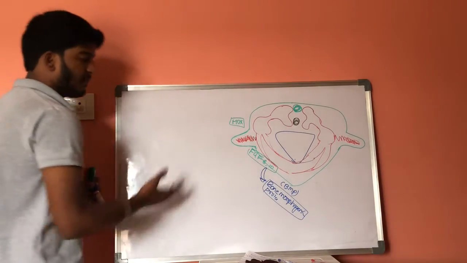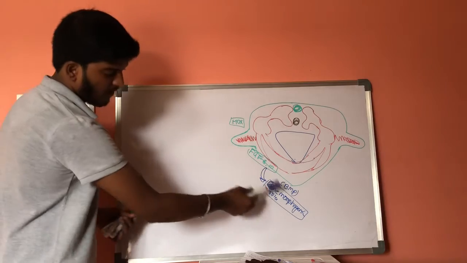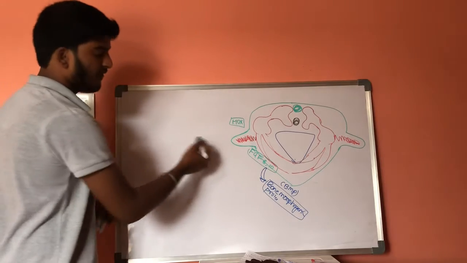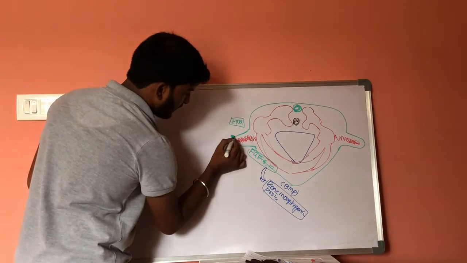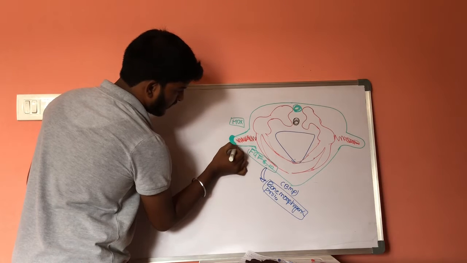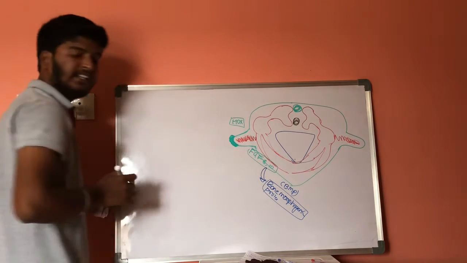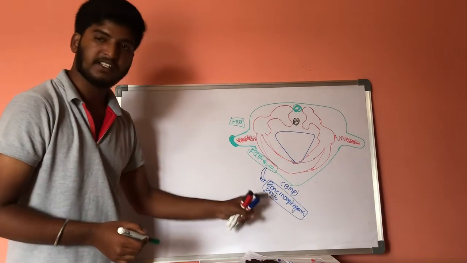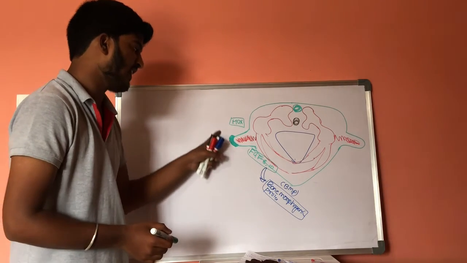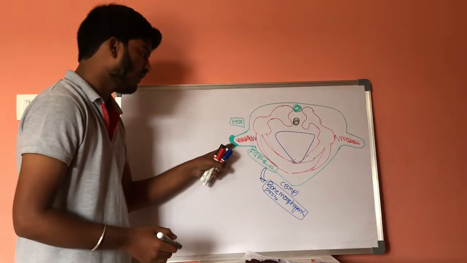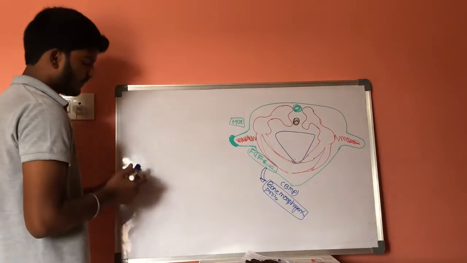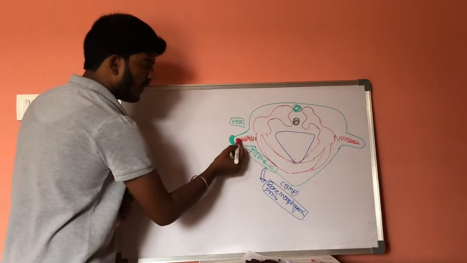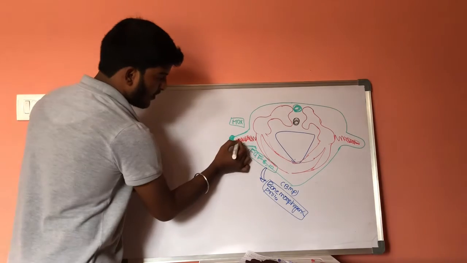Whenever this bone morphogenetic protein is activated, then the anterior most part of this ectoderm will get thickened, and it involves rapid proliferation of this somatic mesoderm.